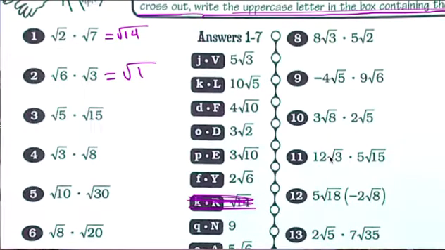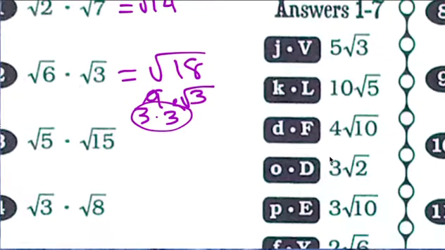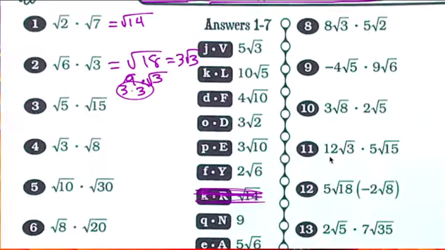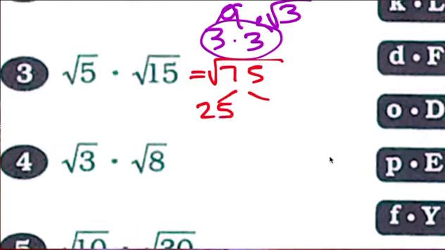Square root of 18 is 9 times 3, and then 3 times 3. One pair of 3 with one left over. So 3 square root of 3. If you want to do the shortcut, you can multiply these two together, 75, and you can go, okay, square root of 75. 25 is a perfect square times, no, times 3.